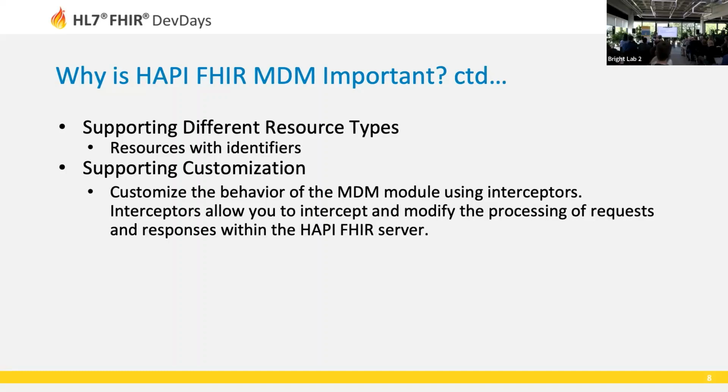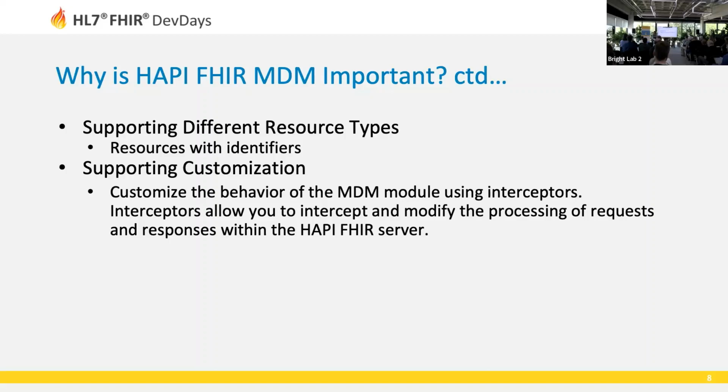Interceptors are custom Java or JavaScript that are used to modify the behavior. We usually use pointcuts. It's basically points in your code where the program cuts over to do a custom thing and then comes back. And you can do the customization prior to triggering MDM, while MDM is processing everything, and even after.